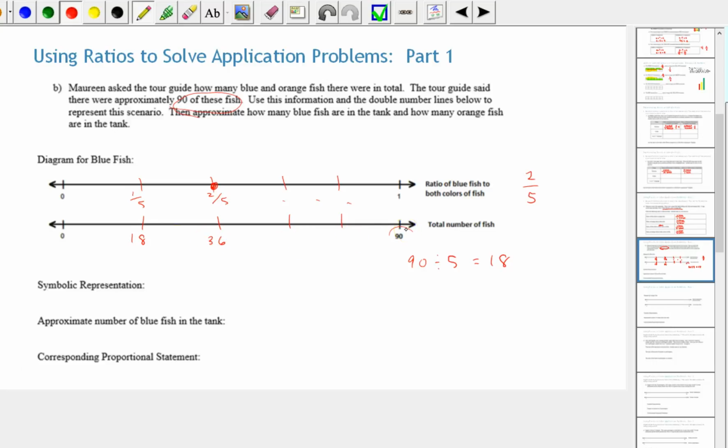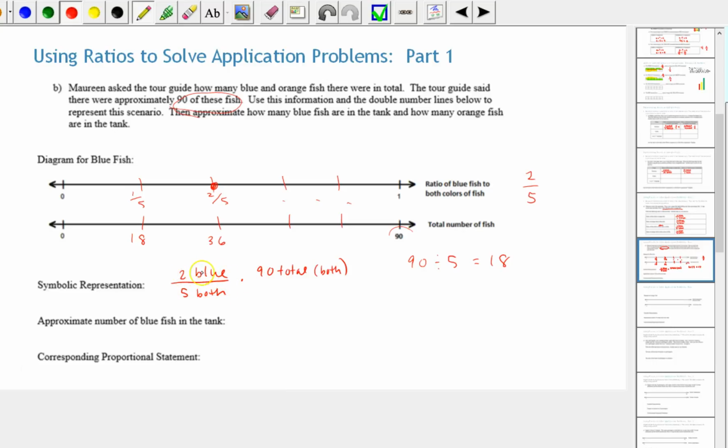3, 4, etc. So for the symbolic representation, what are they really doing here? Well, we have 2 blue over 5 both colors times 90 total fish. And I'm going to put here the total are referring to both colors. So we divided the 90 by 5.